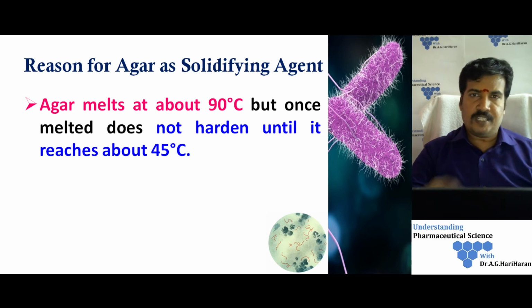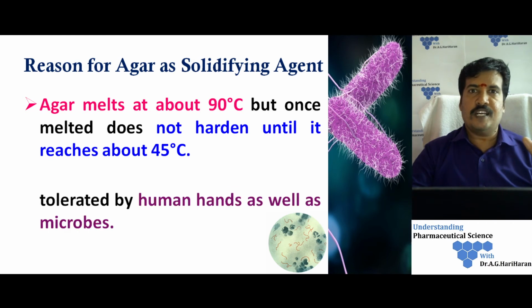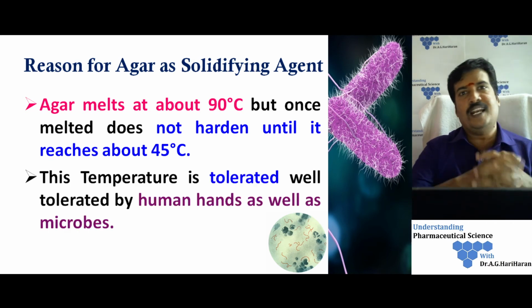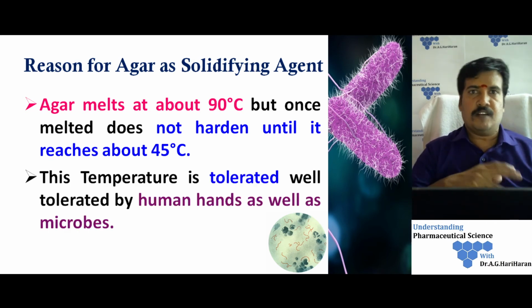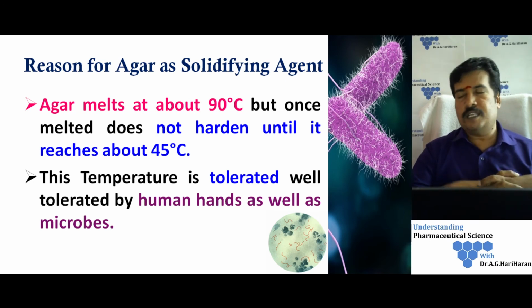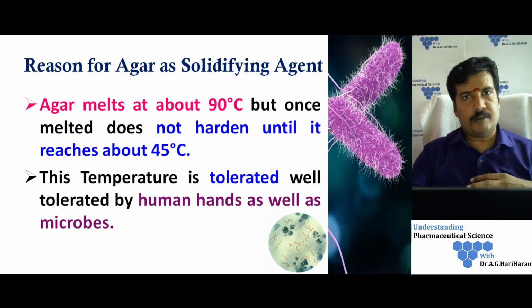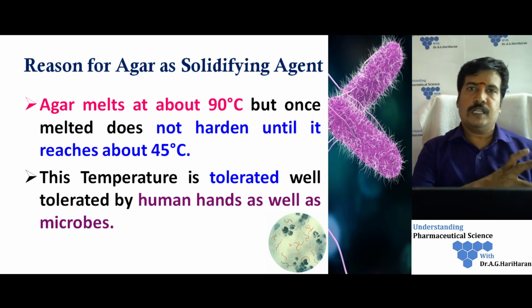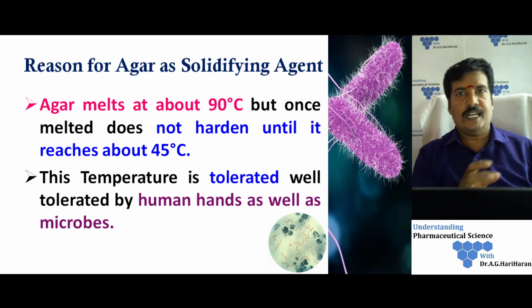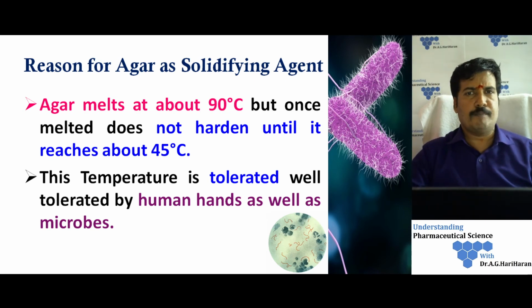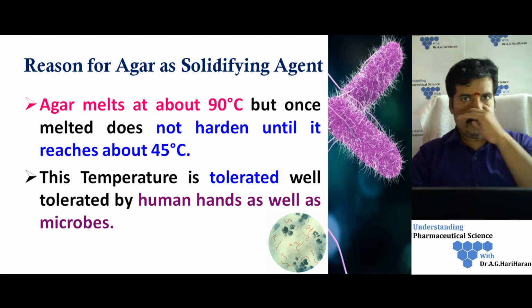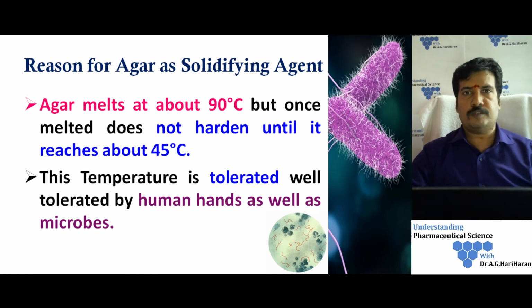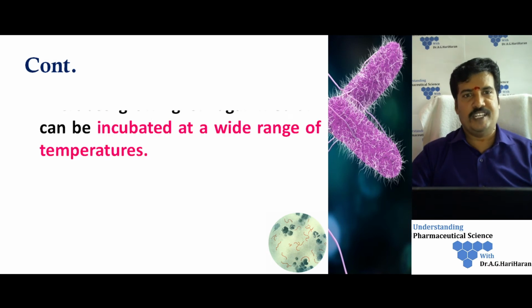So being liquid down to 45 degrees Celsius is helpful for preparing nutrient agar plates, because the temperature is well tolerated by our hands, so we can pour into the petri dish. As well, if we are using a pour plate type of culture, we can add the microbes at this temperature, because the microorganisms are not killed at this temperature. So this is the major reason why we use agar as a solidifying agent.